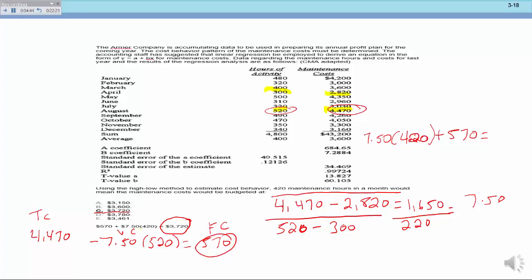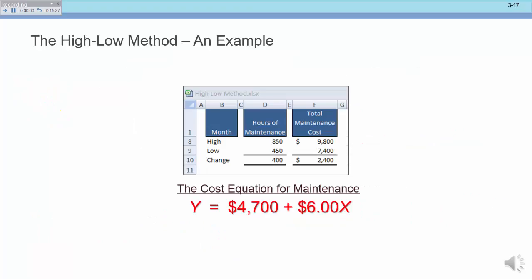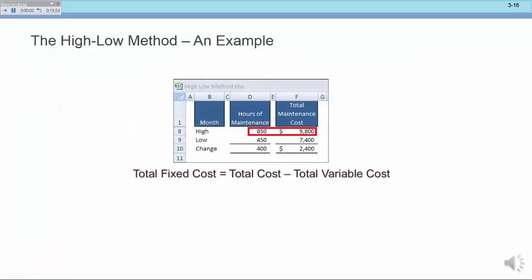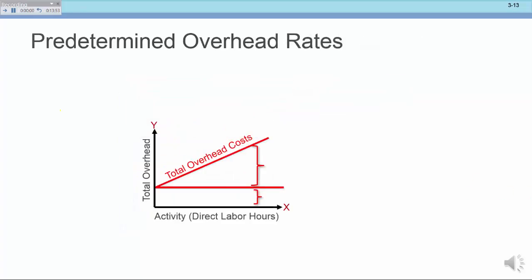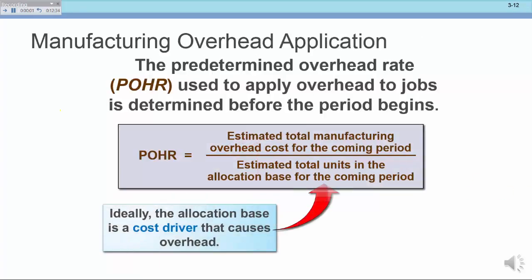At the 420 units of activity. So would my predetermined manufacturing overhead rate be 3720 divided by the 420 units? Right? Predetermined manufacturing overhead rate is what? Just go back to where we started this whole adventure here. It is my estimated total manufacturing overhead divided by my estimated number of units, right?